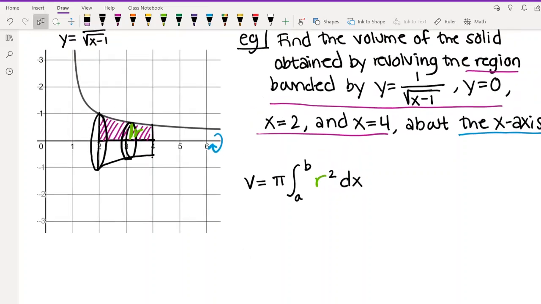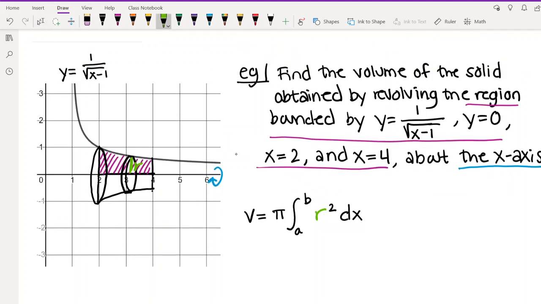And so you can even pick a specific number. You can pick 2 or 3 or 4 or any number you want between 2 and 4 and just figure out what you would need to do to find the height, or the radius. In this case, you would just need to plug it into this function, right? For example, if you're trying to find this radius here, if you plug 2 into this function, you get 1 over the square root of 2 minus 1, and that's 1.